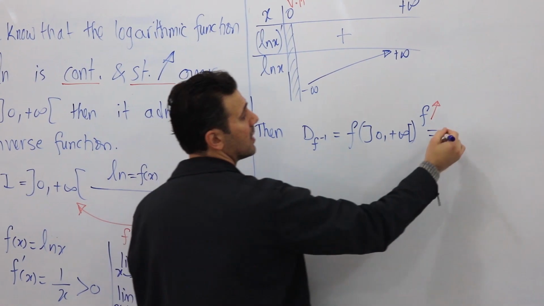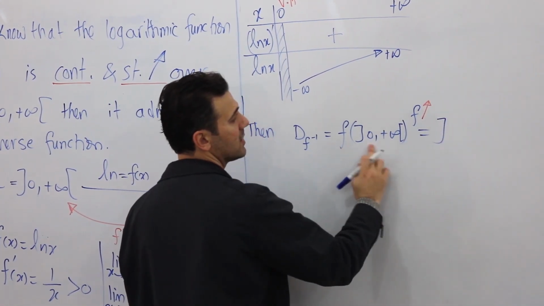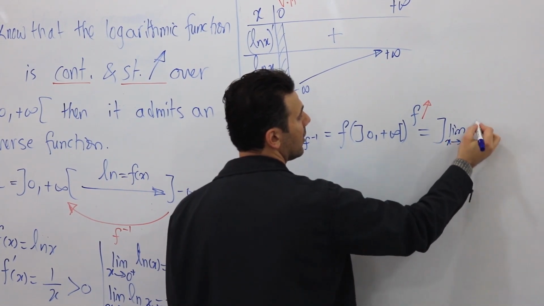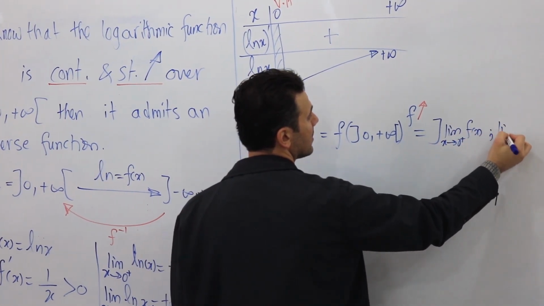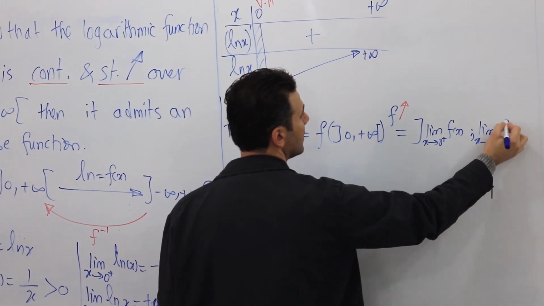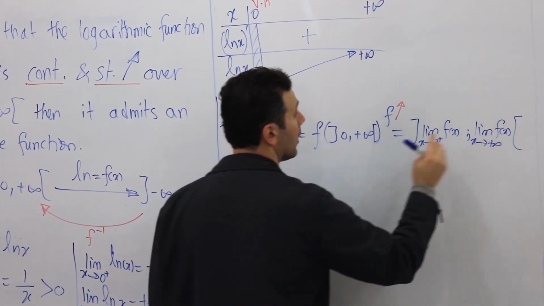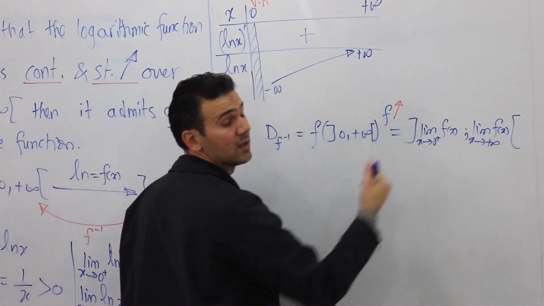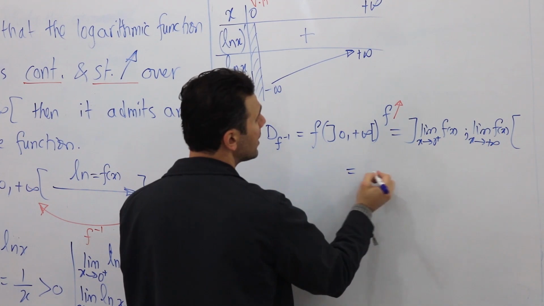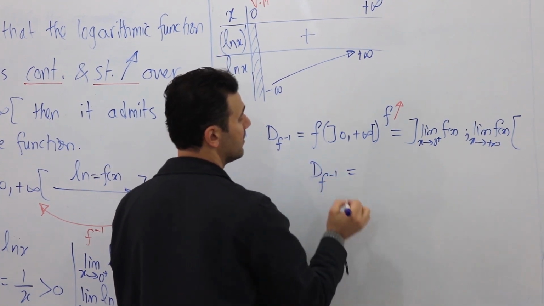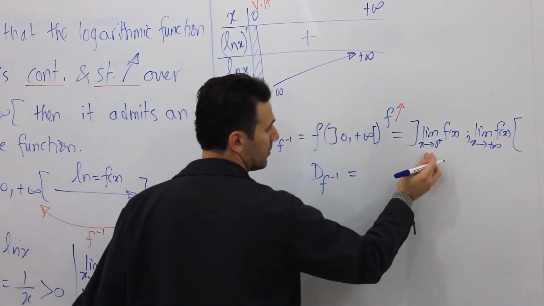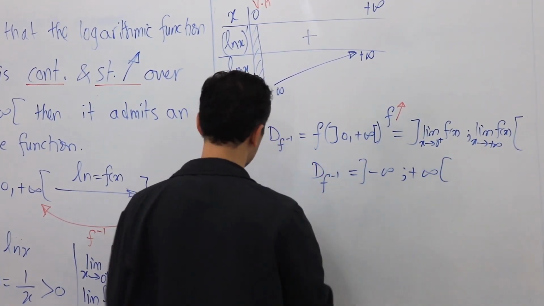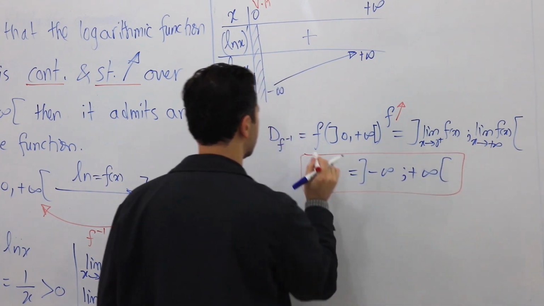If f is increasing, then the image of this interval will be limit as x tends to 0 plus of f of x, limit as x tends to plus infinity of f of x. While if we have a function which is decreasing, then we have to reverse these bounds. Then we get at the end the domain of this inverse function, as we calculated before. It will be minus infinity plus infinity interval. This is the domain of f inverse.